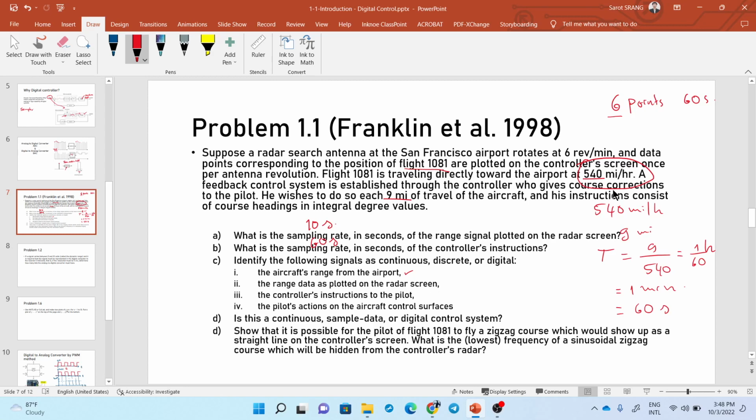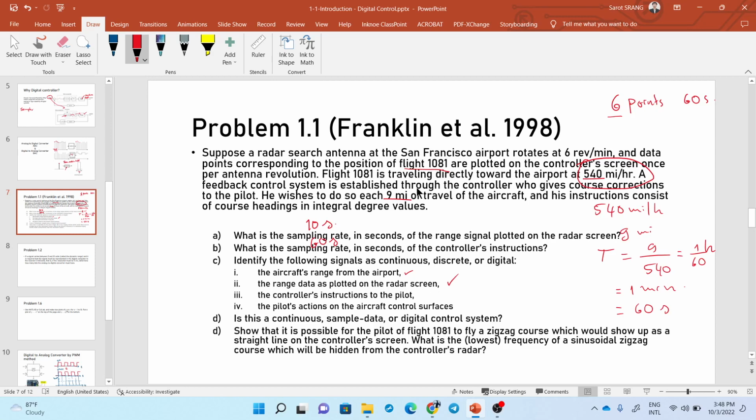The range data is plotted on the radar screen. Is this one discrete or continuous? Because the task of the radar station is to record the data every one round, it's discrete.